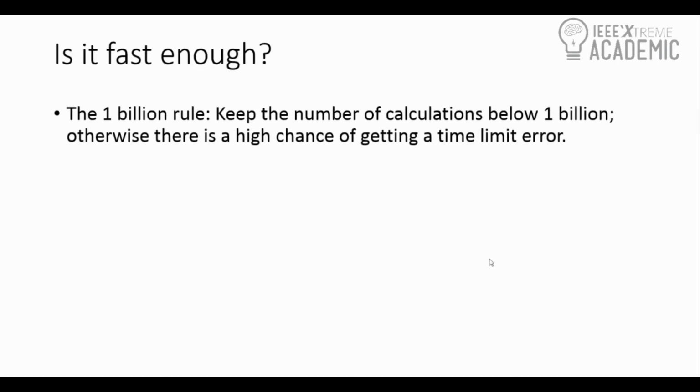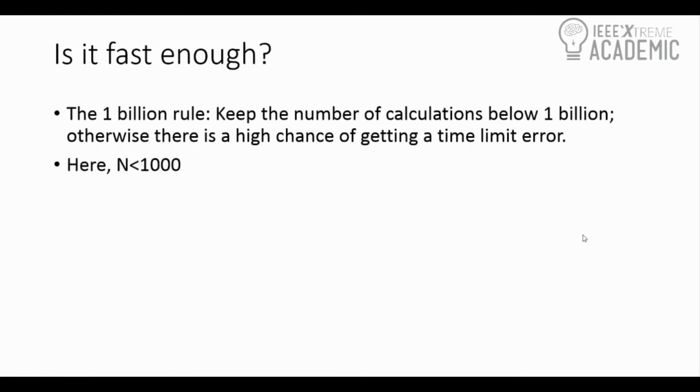So the overall complexity adds up to O(n squared). Now, there is a rule known as the 1 billion rule, or it might be known under different names, that roughly says to keep the number of calculations below 1 billion. Otherwise, there's a chance of getting a time limit error. This rule is very useful for any online contest. Usually online contests give you a few seconds of CPU time for running your code, and 1 billion operations roughly gives you 1 second.